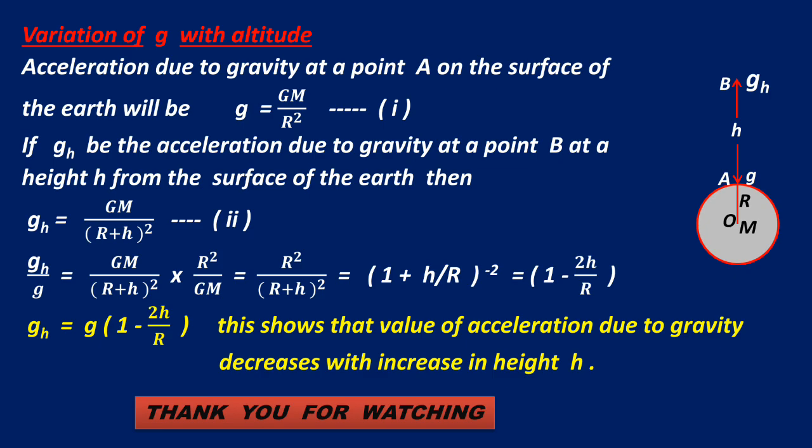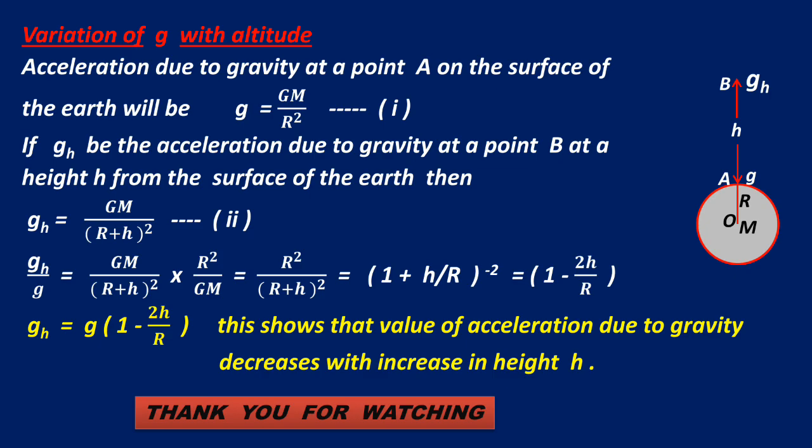GM by (R plus h) whole square into R square by GM. Thereafter we are getting R square by (R plus h) whole square, and after calculating, divide numerator and denominator by R square.